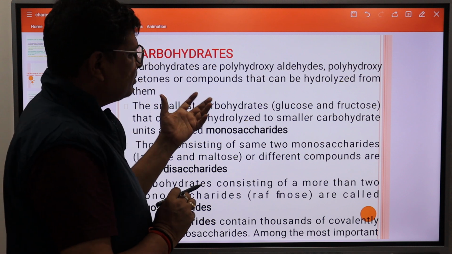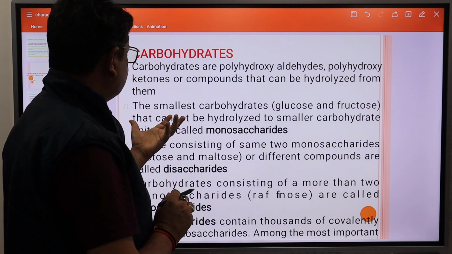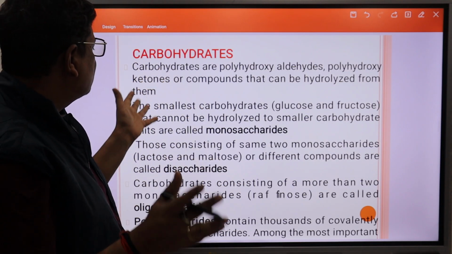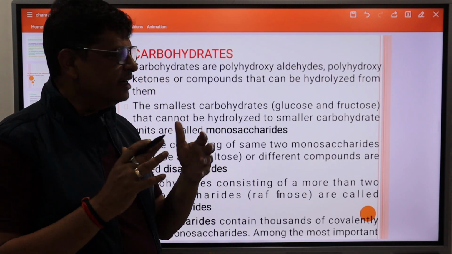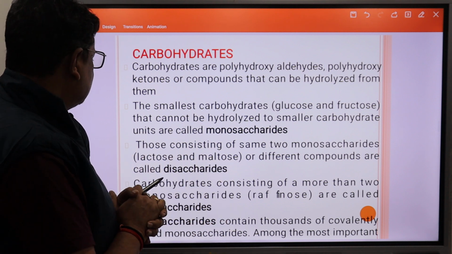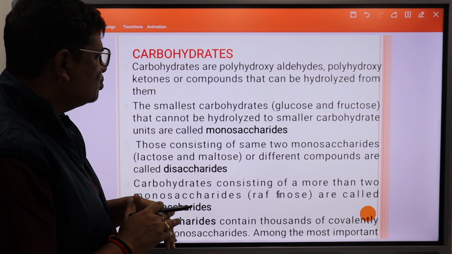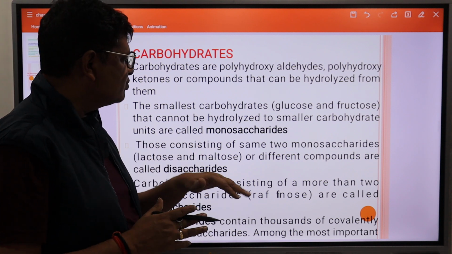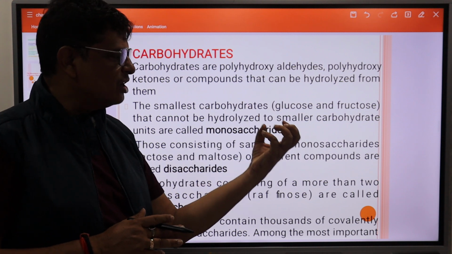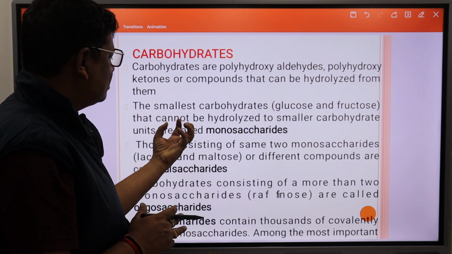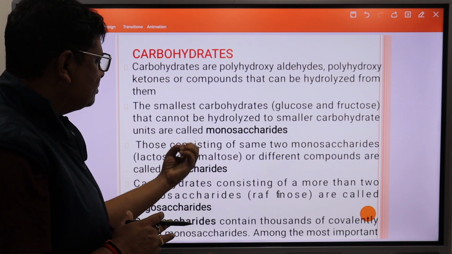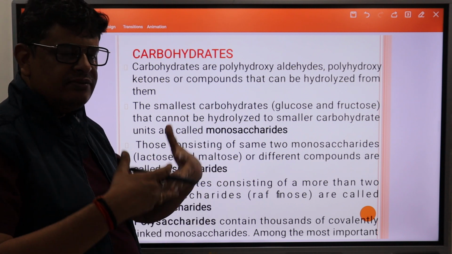So basically these are the pockets of carbohydrates. Carbohydrates are polyhydroxy aldehydes or polyhydroxy ketones, or compounds that can be hydrolyzed to them. The smallest carbohydrates, glucose and fructose, cannot be hydrolyzed to smaller carbohydrates; these units are called monosaccharides. This is the unit of the energy pocket, and it takes the least energy to be further processed.